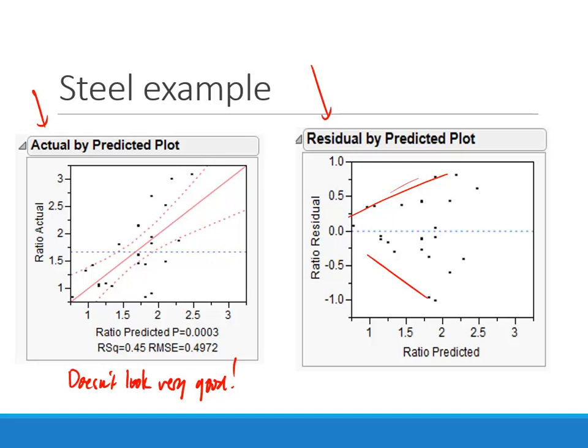So I would probably find that a little bit concerning, but not too bad. But you're right. It does show us a non-constant variance. So maybe that's something we need to revisit here in our model.